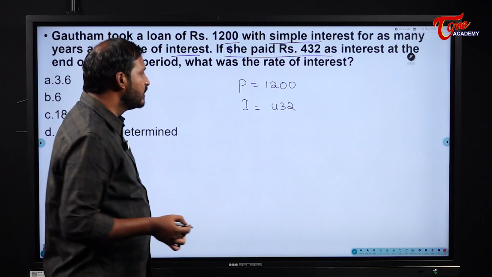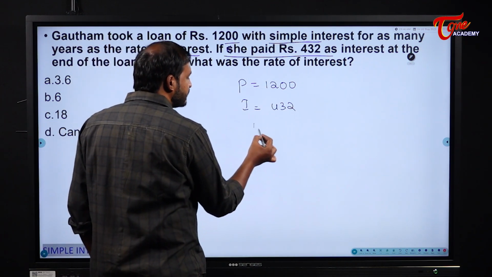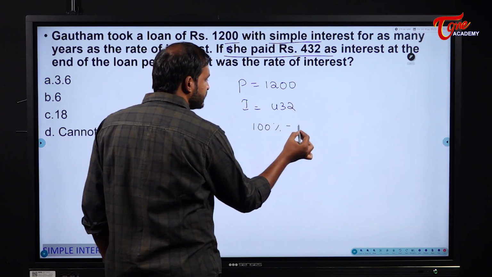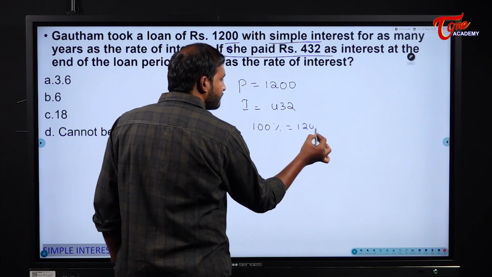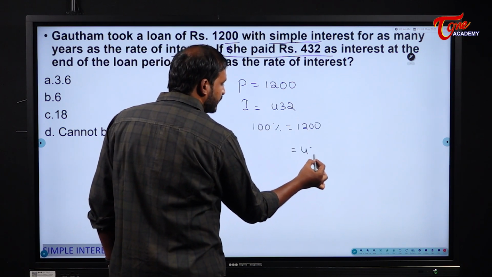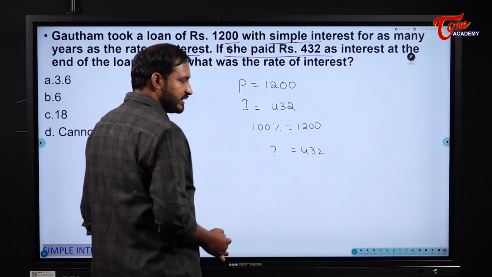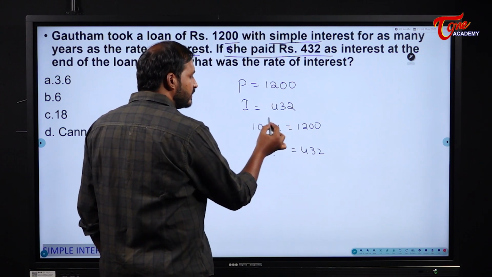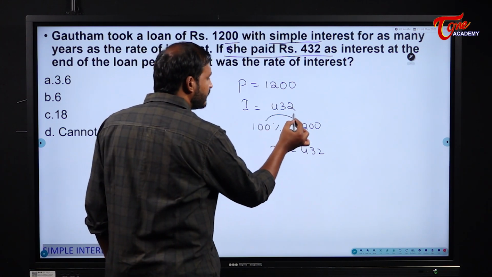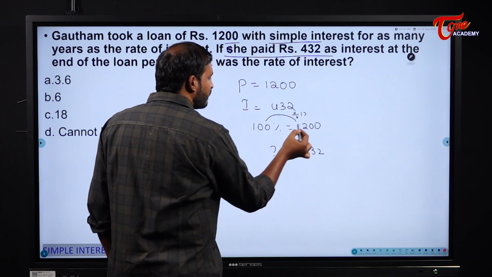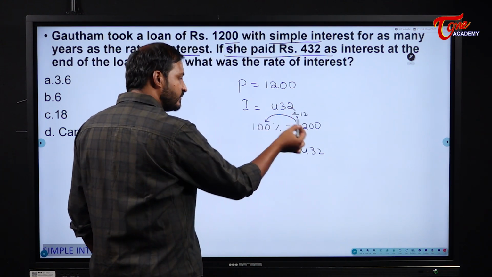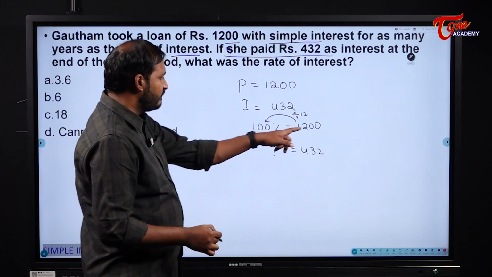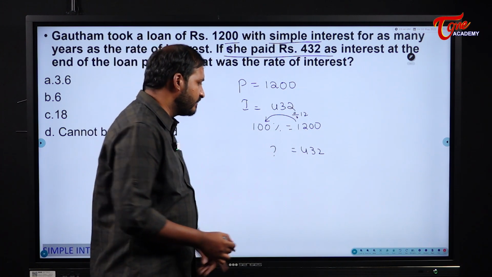Okay, good. Now please find out, if 100% is the principal 1200, what about 432? 432 is what percentage? From 1200 to 100, how does it become? Divided by 12.